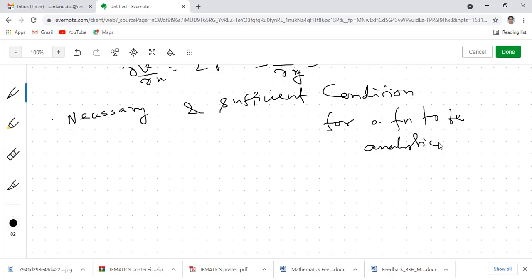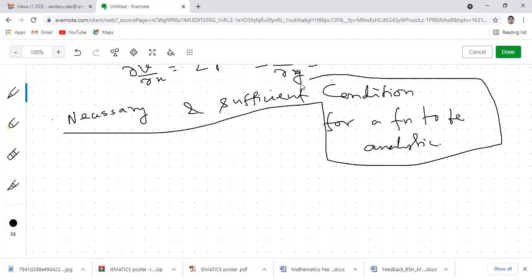Before that, just tell me, what do you mean by the necessary and sufficient condition? Have you heard this before? Because I know in the first semester you must have heard this. So what do you mean by the necessary and sufficient condition? Can anyone tell me? Otherwise, I'll give an example.